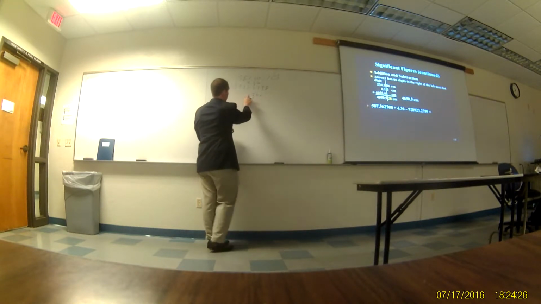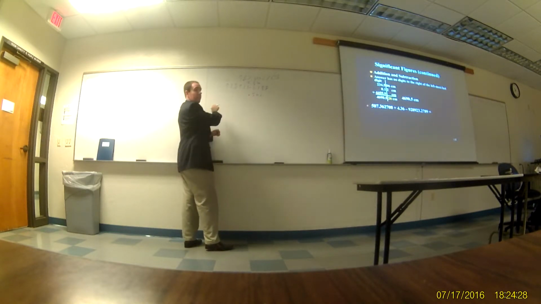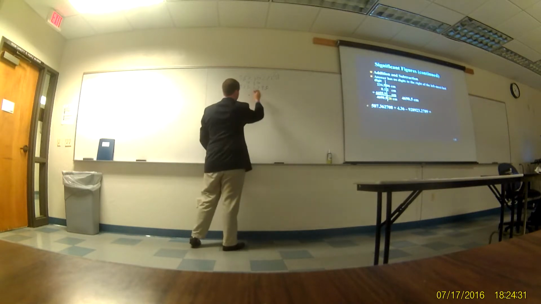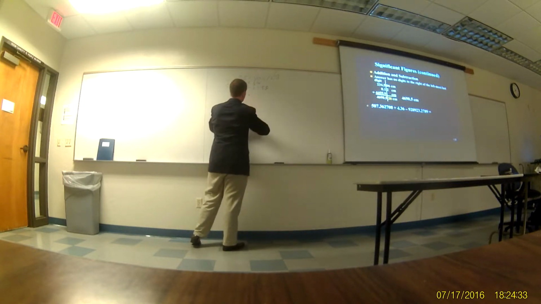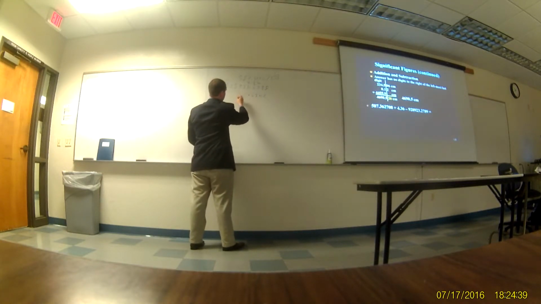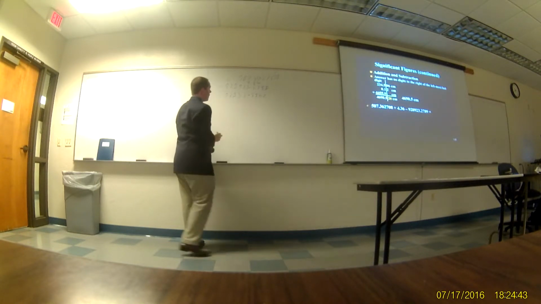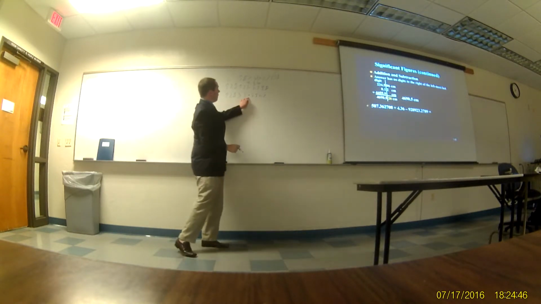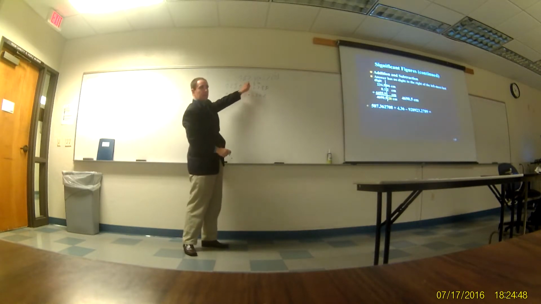Okay. Now, start with the decimal. There's 2 5s. 5562. Now start with the decimal. 133. 829 negative. Okay.